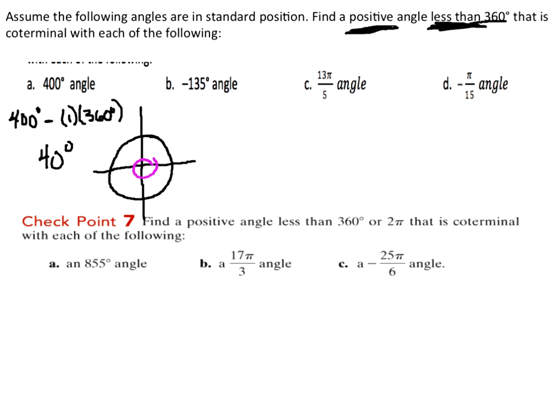So here is a 400 degree angle, and all that's saying is the coterminal angle to that is 40 degrees. It starts and stops in the same place. Does that make a little more sense now about the coterminal angles?